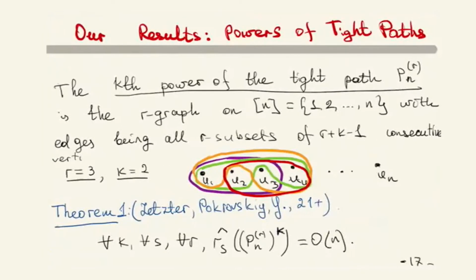So our results show many different results, and they all come from one main general theorem. But I want to state each one of the theorems first to give some idea of what we can prove, and then I'll state the main result as well.